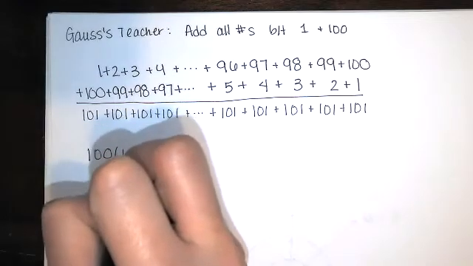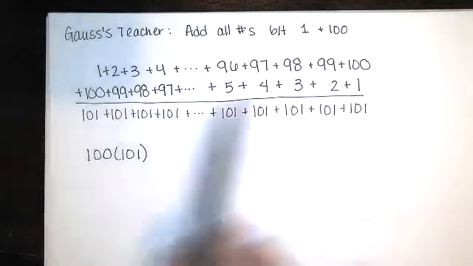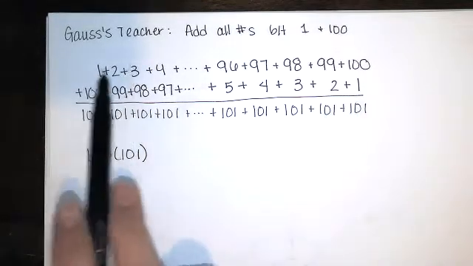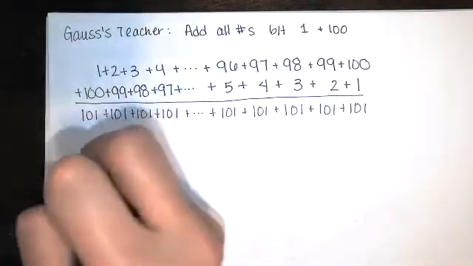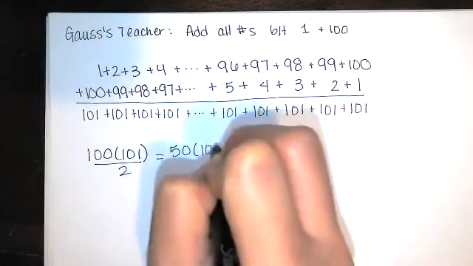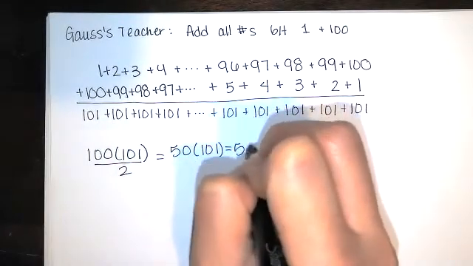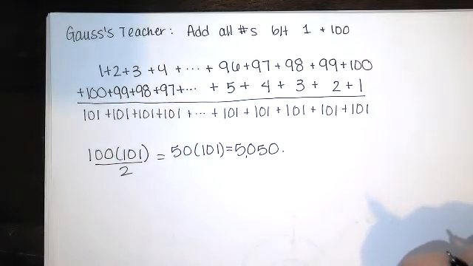So it's 100 times 101. But that's not actually the sum I'm looking for. That's twice that, because I have the sum from 1 to 100 there and the sum from 1 to 100 there. So divide it by 2. And that's 50 times 101, which happens to be 5,050. That's how he did it fast.